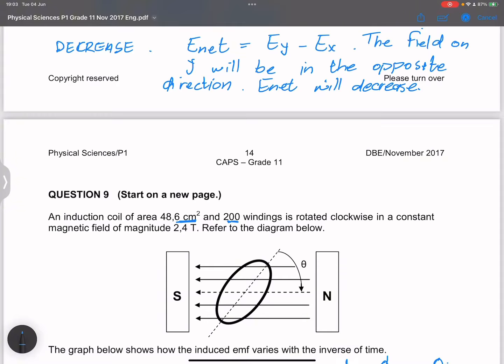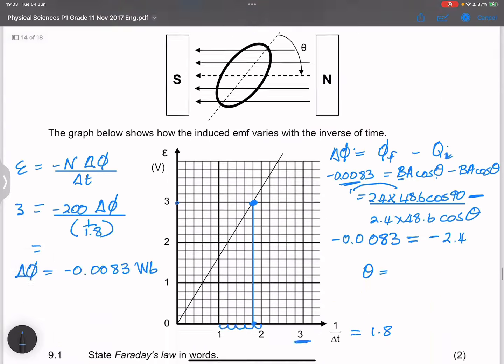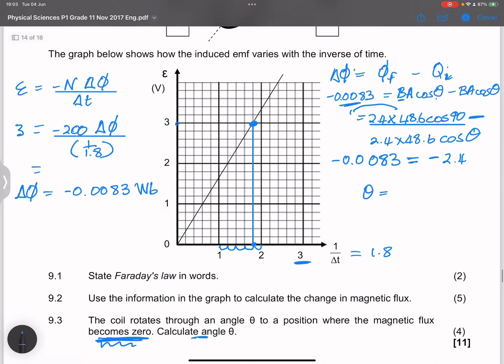But in this case, we are going to say 48.6, right? But we divide by 100 squared, okay? Because this is centimeter squared, right? Centimeter is divide by 100, and this we're saying divide by 100 squared. Right, so apologies about that.